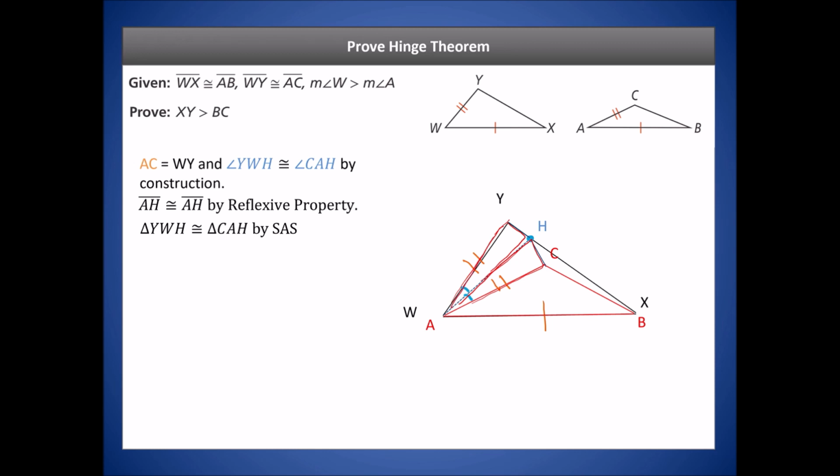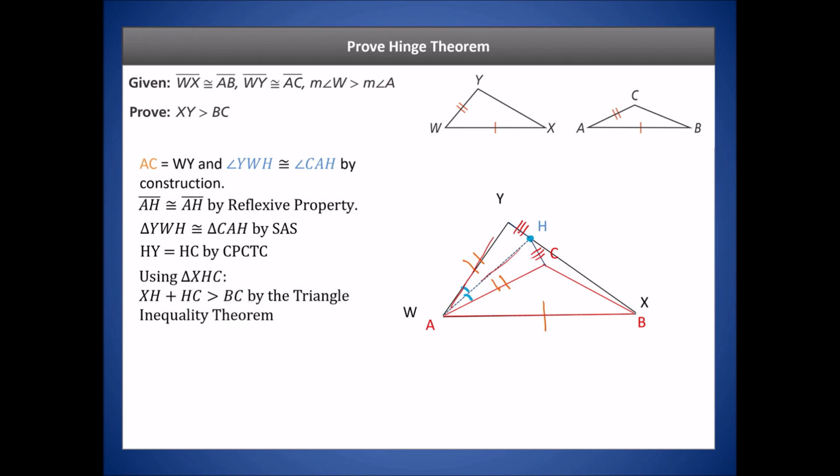So why is that important? Well, because we can use CPCTC to show that HY is equal to HC. So now we know that this distance is the same as that distance. And that's going to help us with the relationship we're going to do next. So using triangle XHC, which is this triangle here, we can use the triangle inequality theorem.